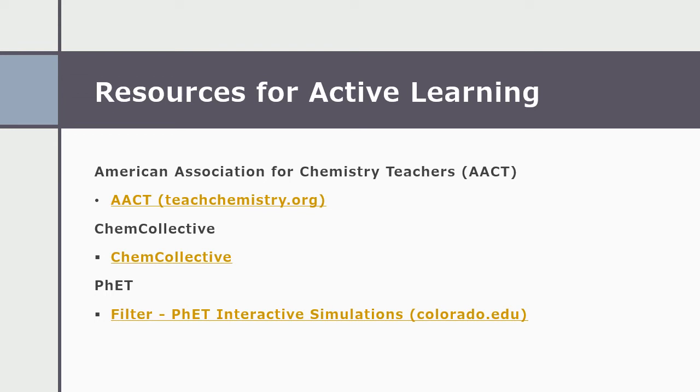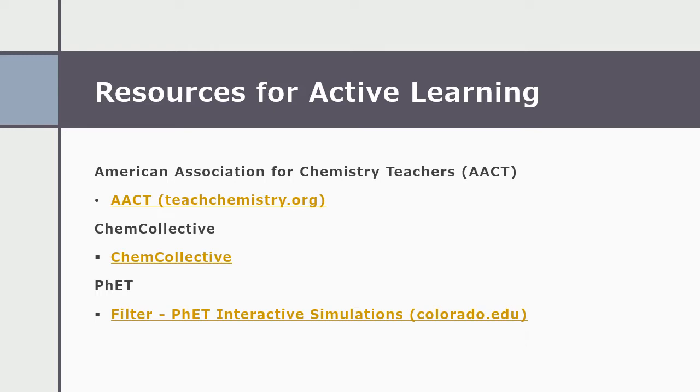Resources that are provided for active learning that fall under visual aids include online simulations and virtual labs. Three resources that are very beneficial are from the American Association for Chemistry Teachers.